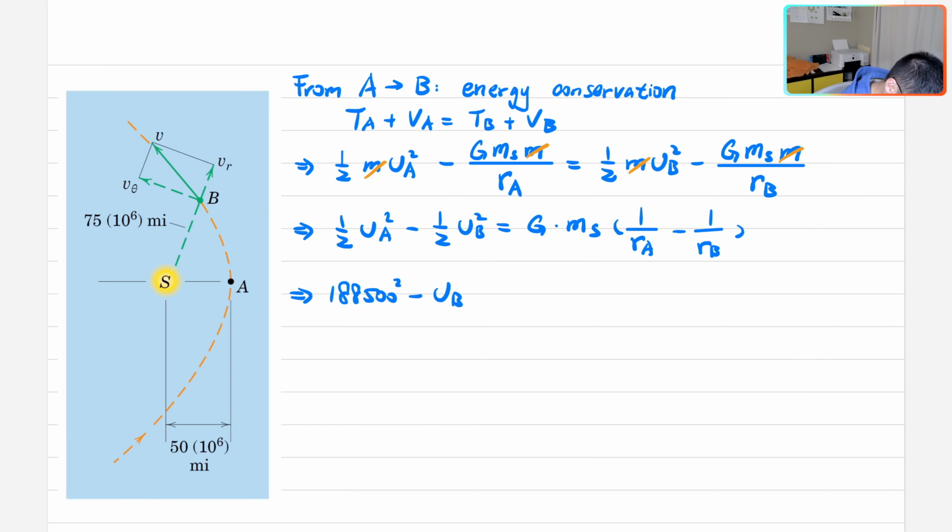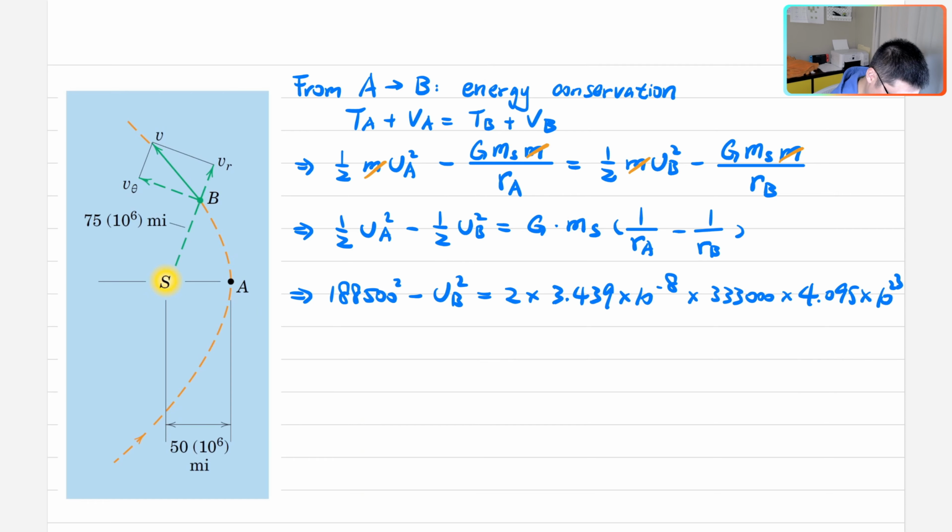minus VB squared. On the right-hand side, I have this number 2 that came from the left-hand side. 2 times the gravitational constant, G, in imperial units, 3.439 times 10 to the minus 8, times 333,000, times 4.095 times 10 to the 23.